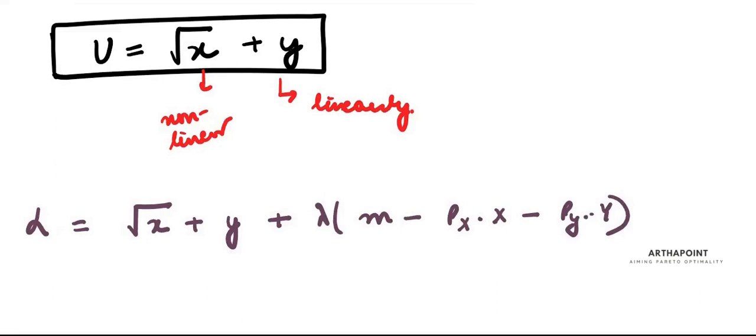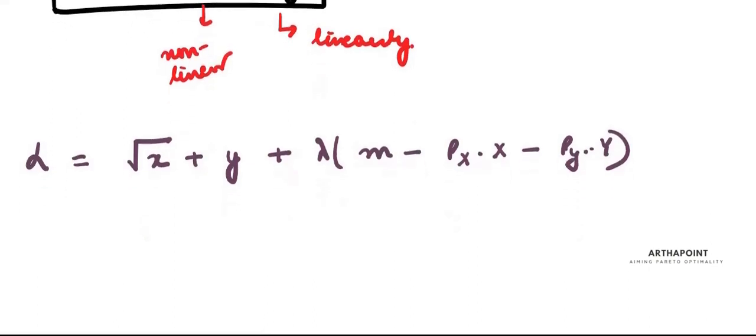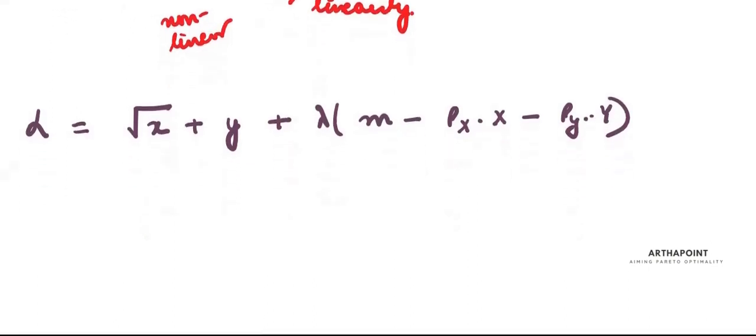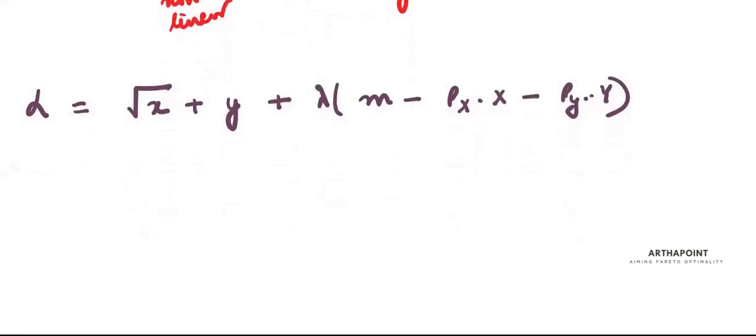Remember, there is no compulsion. You can do this also with the method of substitution. You can do this also with the method of equating MRS to px by py and putting that in the budget line. I follow Lagrange because I can generalize it for all my problems. I will follow Lagrange throughout.